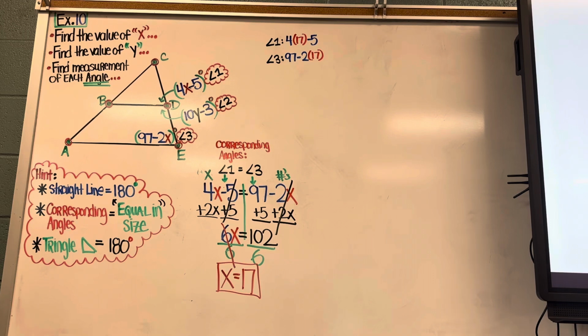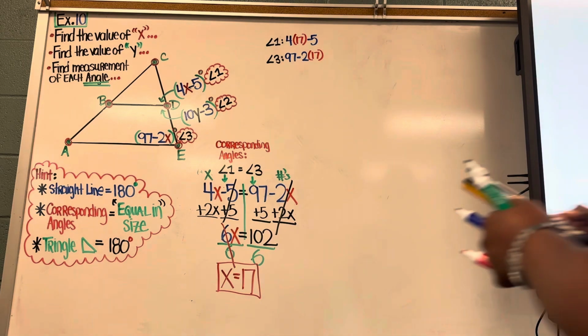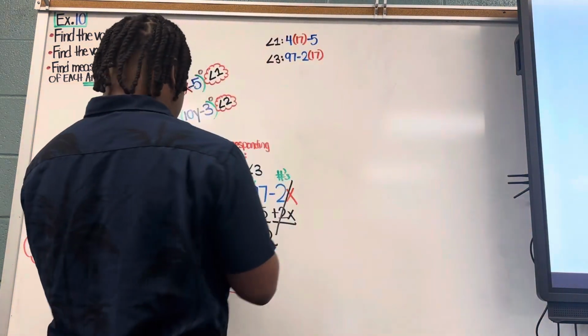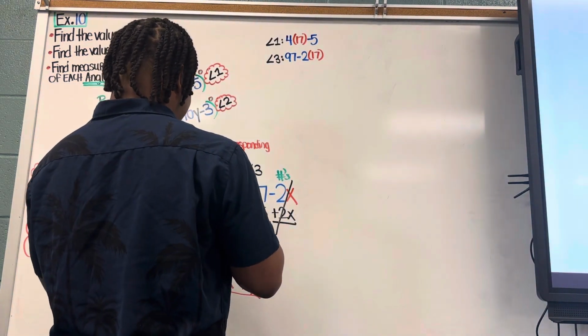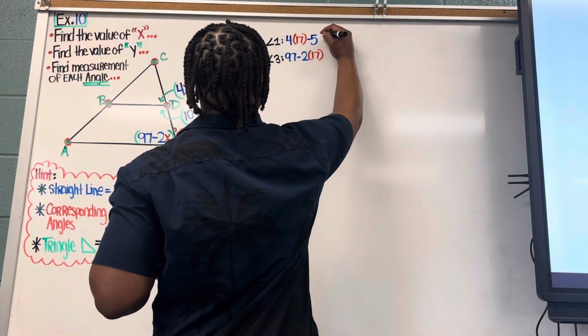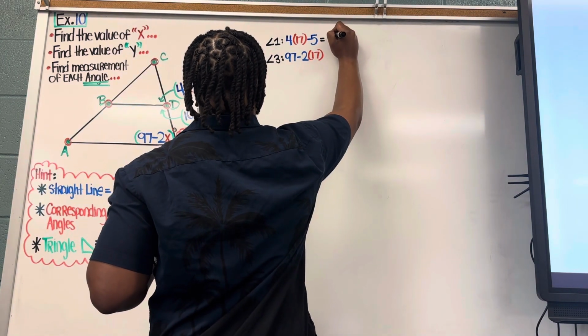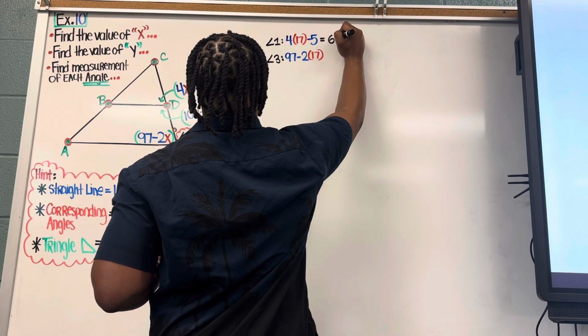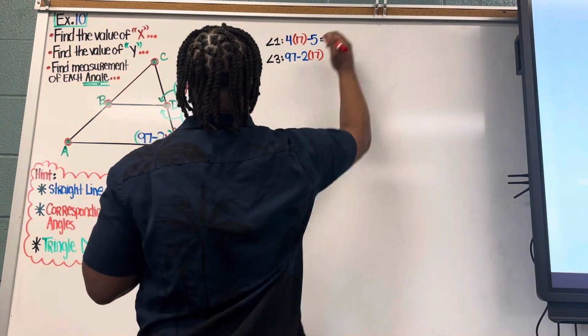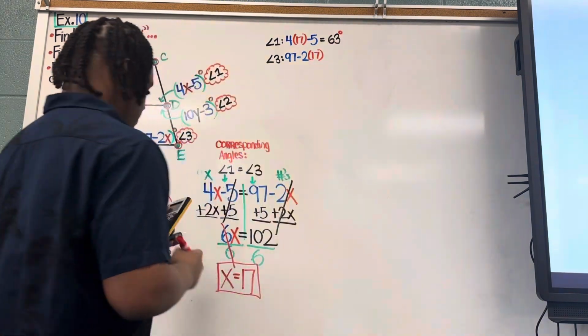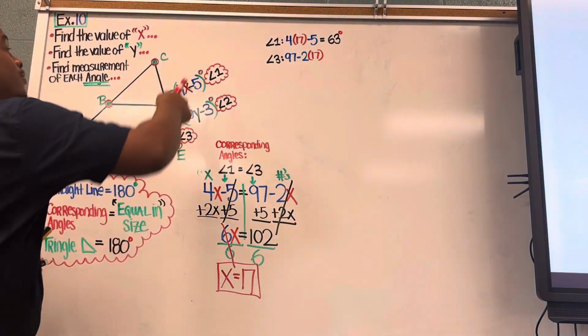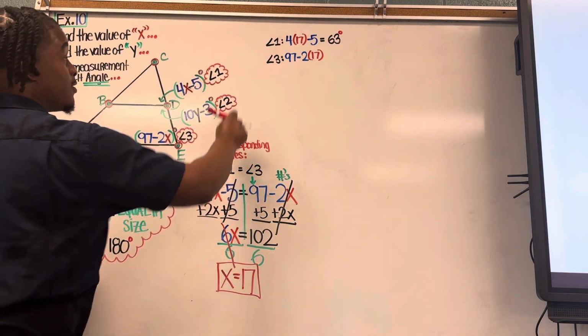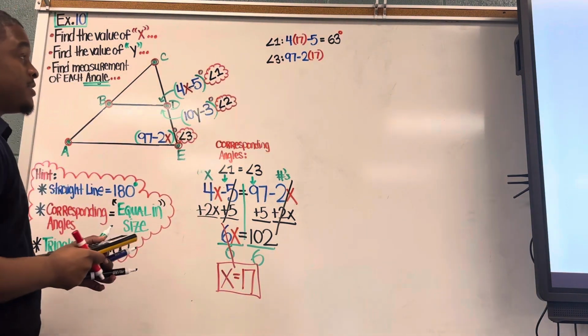So first we're going to have 4 times 17. 4 times 17 is 68. 68 minus 5 is 63. So angle 1 is 63 degrees. Now remember, angle 1 and angle 3 are corresponding, so angle 3 should also equal 63.